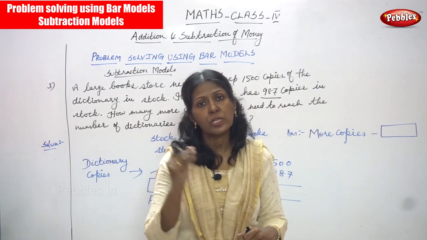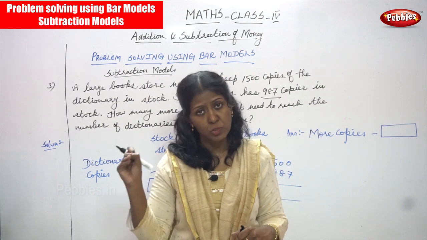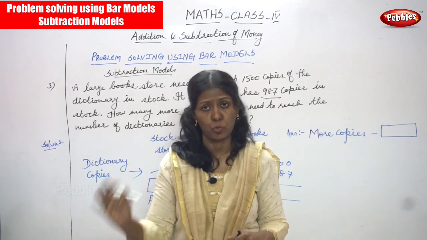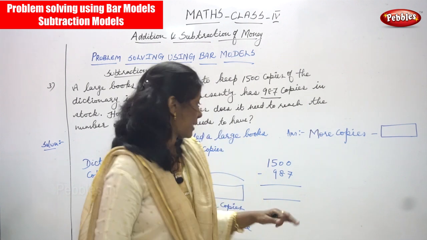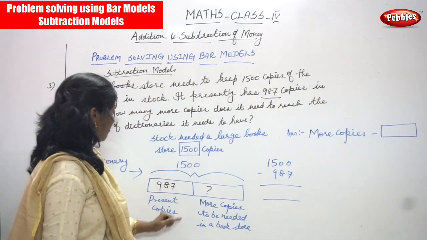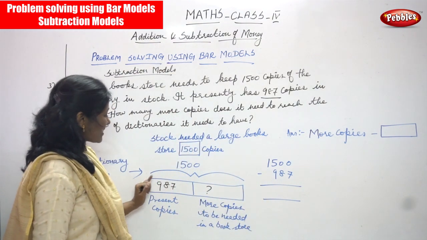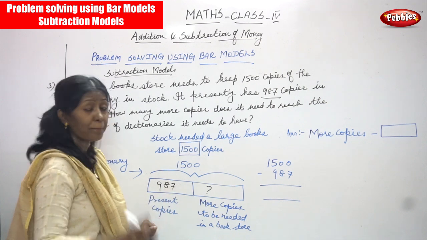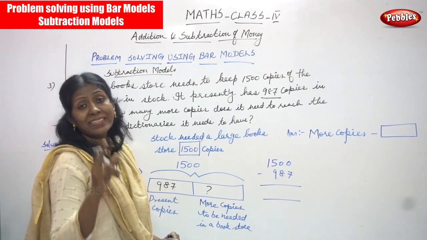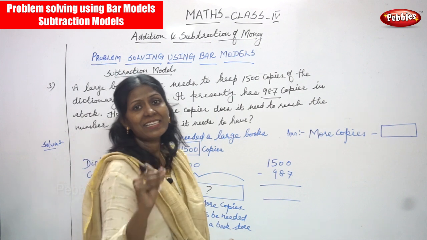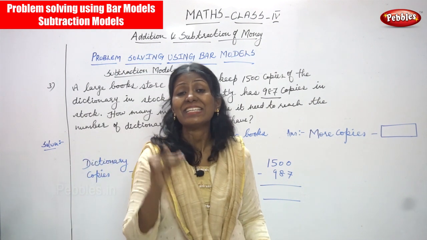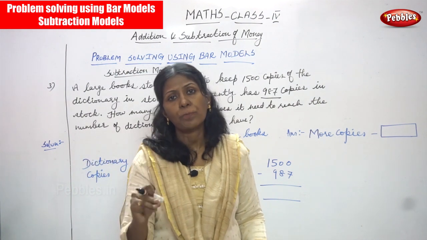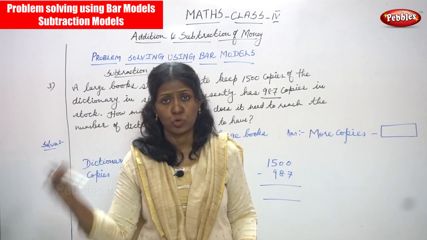Okay, large store. That is 987. Number of copies is 987 copies are present in the store.